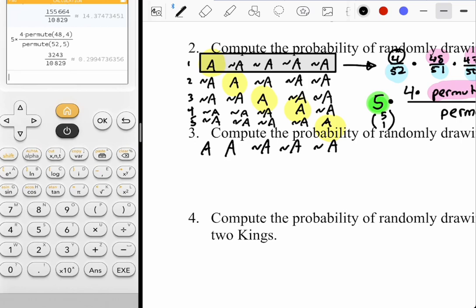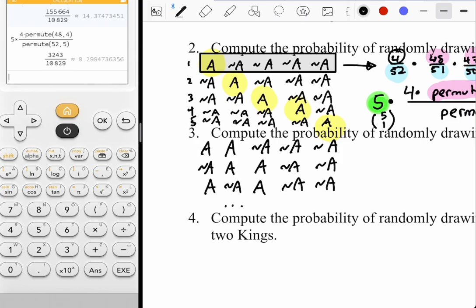But then I'd have to account for the number of ways that I can get 2 aces out of the 5 cards. So maybe it's ace, ace in the second and third position, surrounded by a bunch of not aces. Maybe it's the first and third card that are aces and everything else is not ace. It adds up pretty quickly.